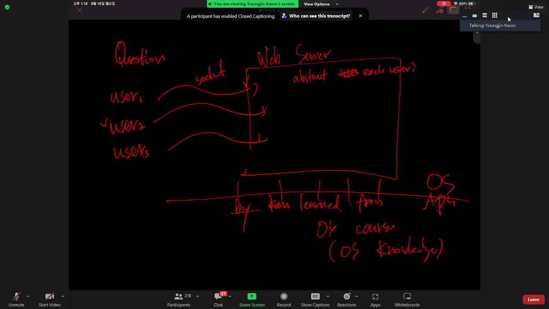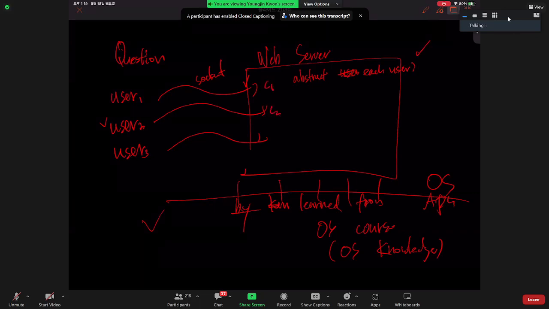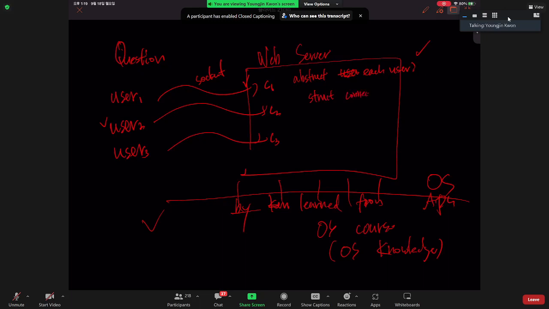But your task is not this one. This is a new efficient web server design. How to abstract? In my perspective, I say this is one connection. So I make a struct connection, or you can say session anyway, which includes user ID and some kind of priority, etc. You need to abstract a user.